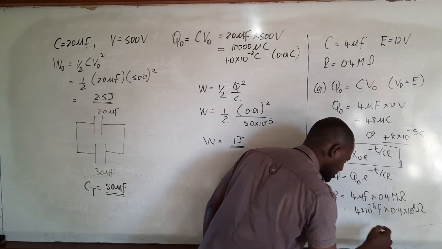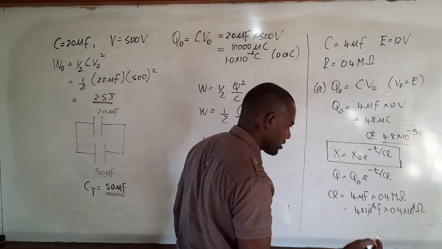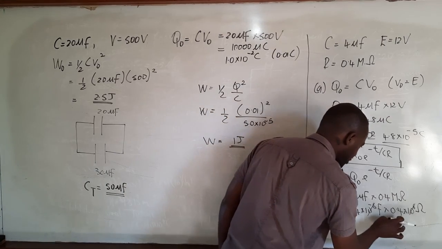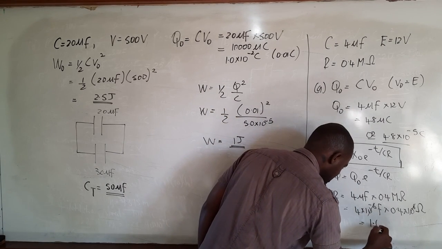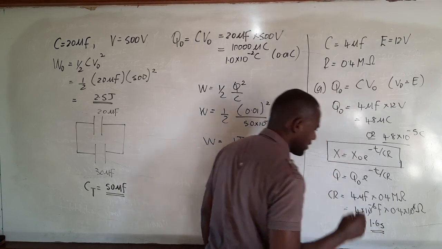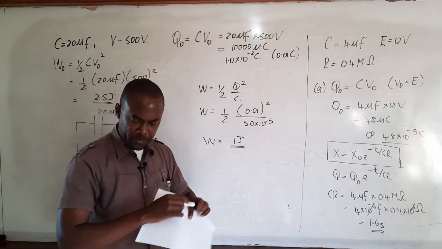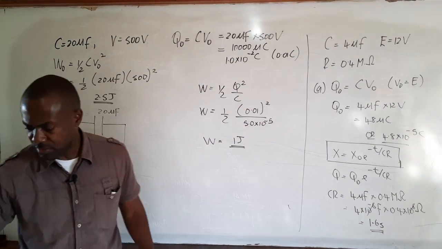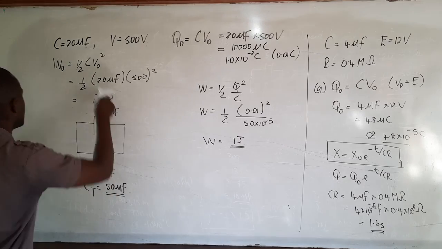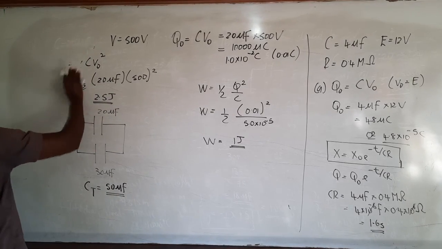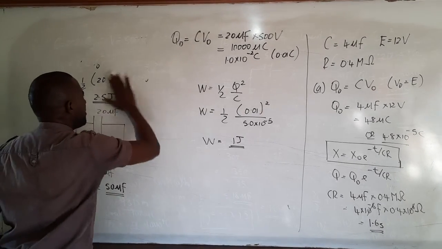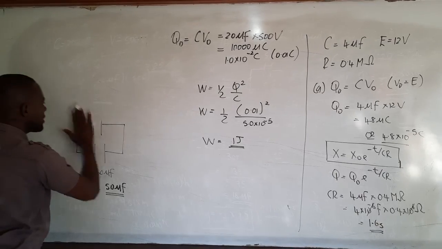The 10 to the 6 and the 10 to the minus 6 basically multiply to give 1. And then we have 4 times 0.4, that gives us 1.6, and this will be seconds. So therefore the time constant of this circuit will be 1.6 seconds. Having worked that out, we can then plug it into our equation to find the charge after 2 seconds.